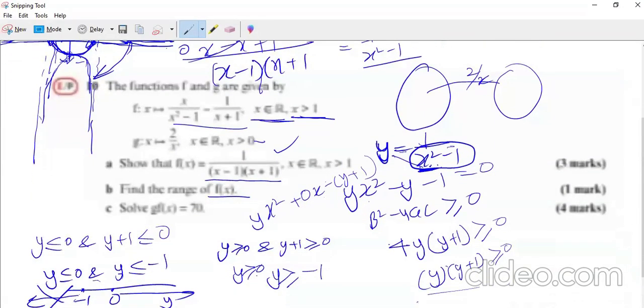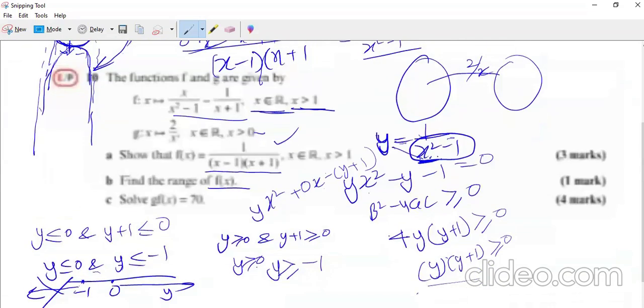Now, this is where my cross-checking helped, because it won't appear when I was calculating there, no? I had by mistake written x is greater than or equal to.